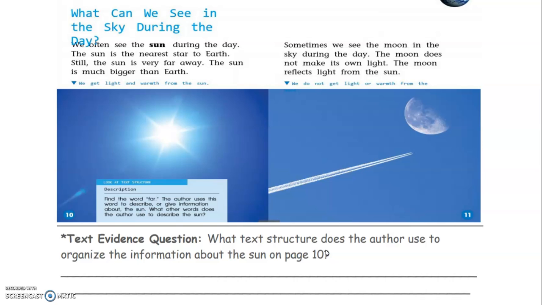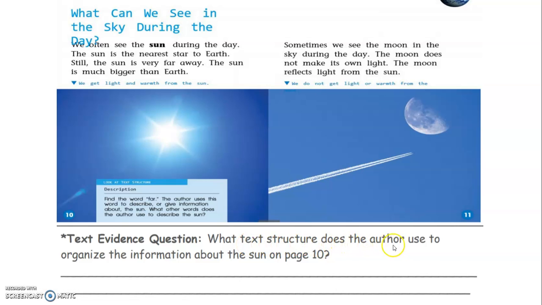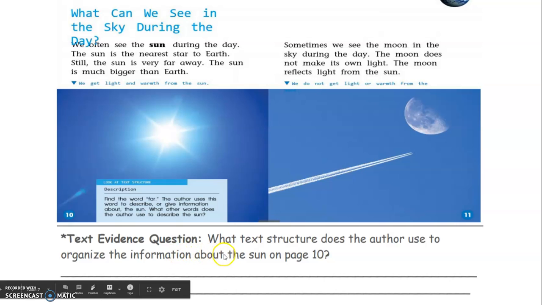In sequencing? In comparing? Compare and contrast? Go ahead and pause it and write your answer for that. And make sure you start it with the text structure the author uses to organize the information about the sun is, and answer it that way.